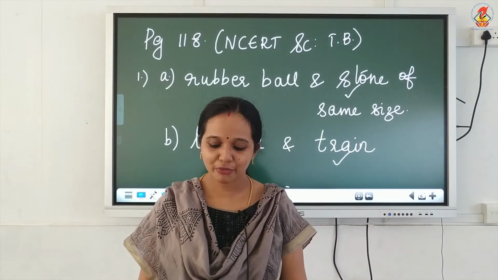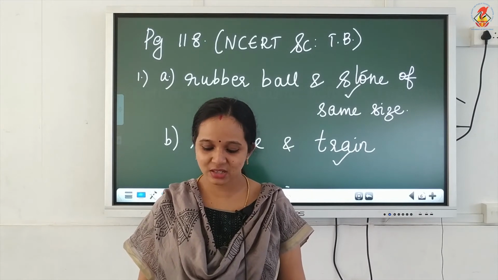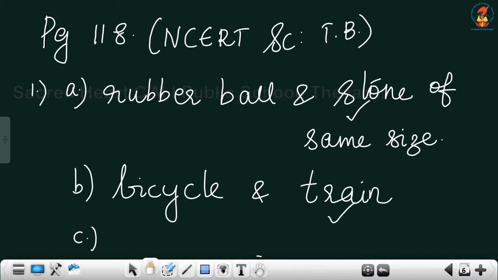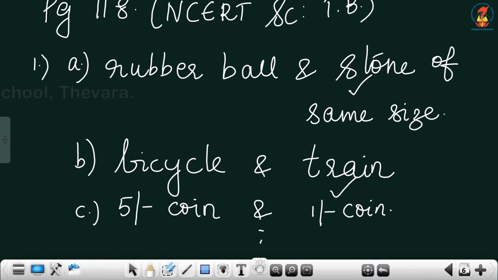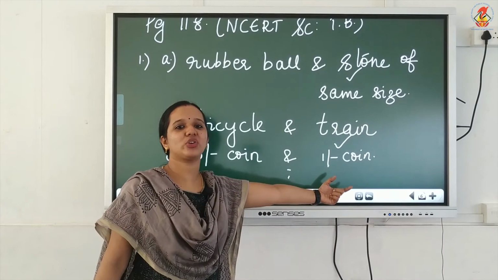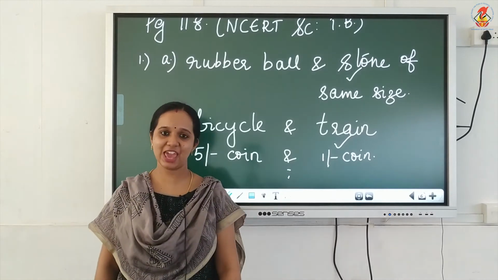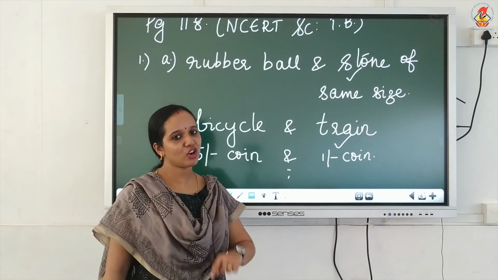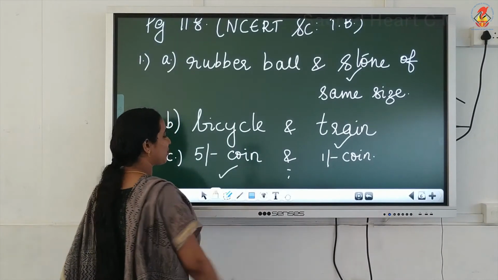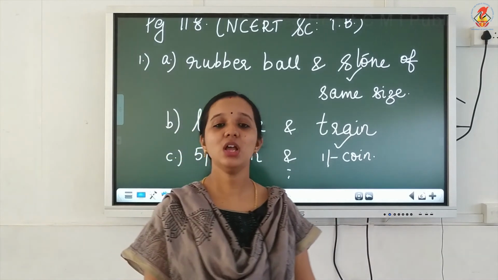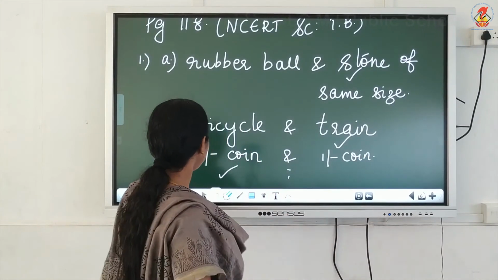Subdivision C: a 5 rupee coin and a 1 rupee coin. Compared to the 1 rupee coin, the 5 rupee coin is heavier. Again, heavier objects have greater inertia. So, the 5 rupee coin will have greater inertia compared to the 1 rupee coin.